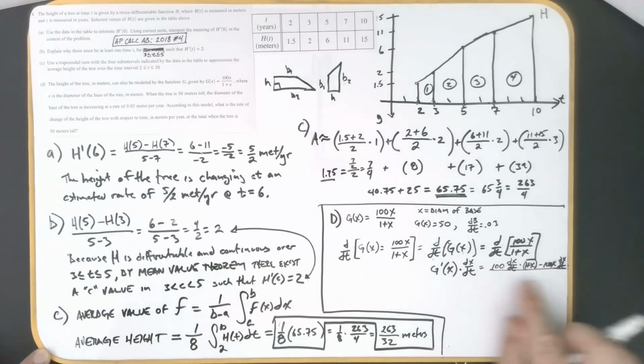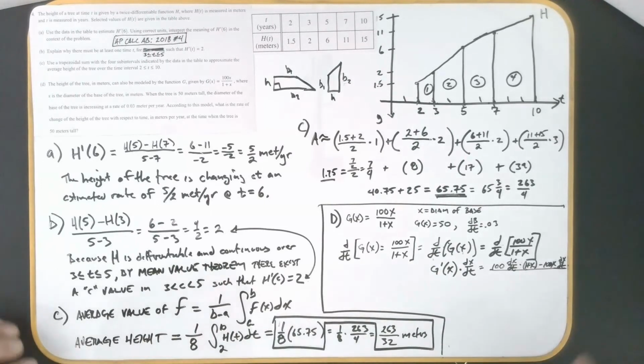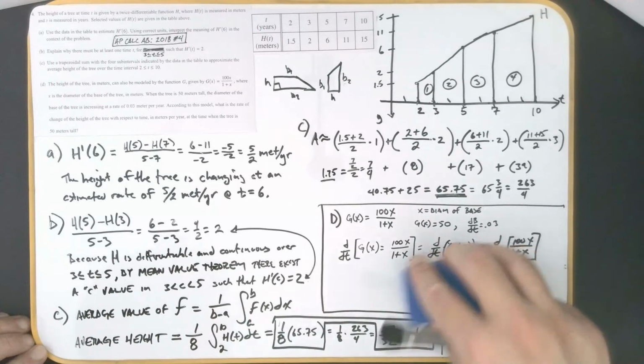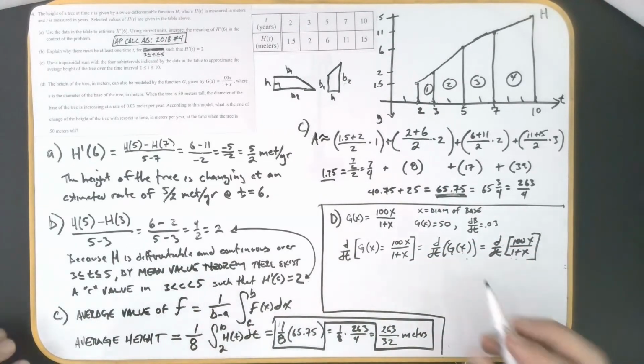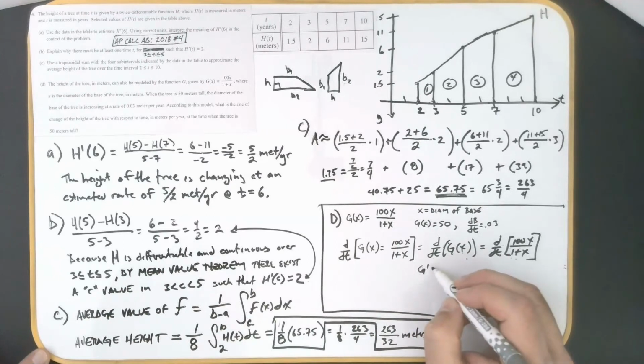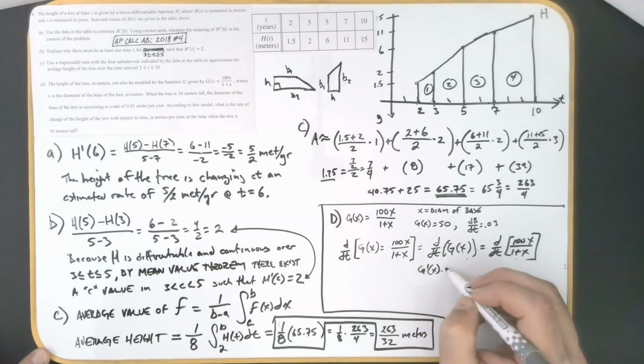Okay, so this whole top here, guys, I'm just going to scoot this over so we can read that a little bit better. Made it a little too tight here, so I'm just going to recopy that. So again here, when I was taking the derivative of this, that's going to be g prime of x times dx/dt.